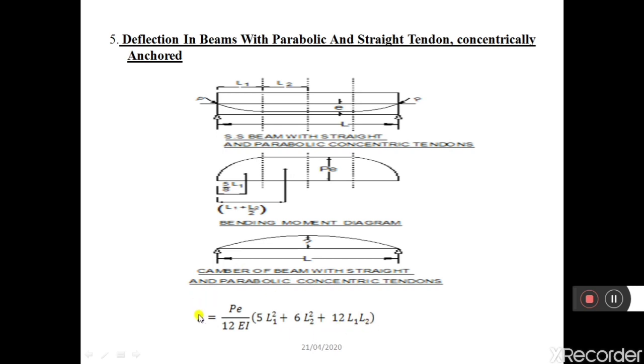So here also this formula is obtained by taking the moment about the support for half of the span, by taking the moment of this area and taking the moment of this area about the support. So here you can see the centroidal distance of this area and centroidal distance of this area with respect to the support.